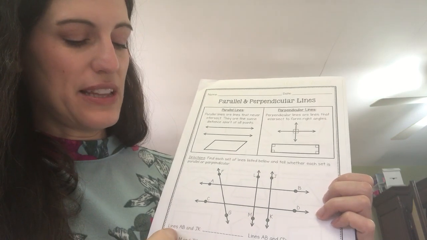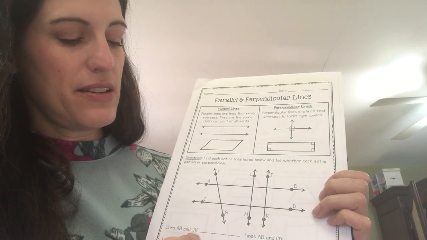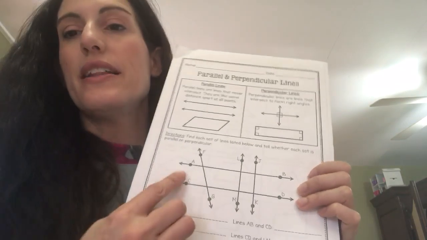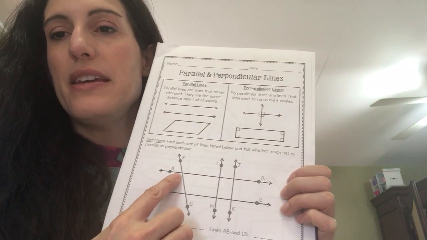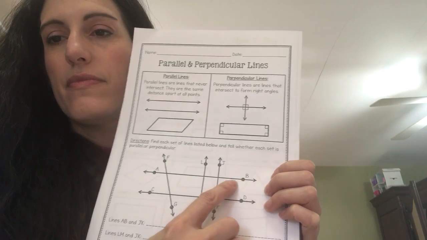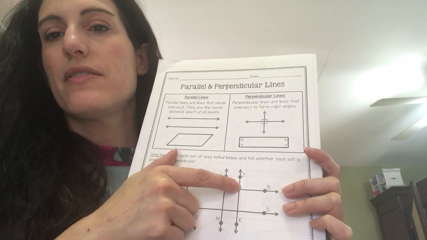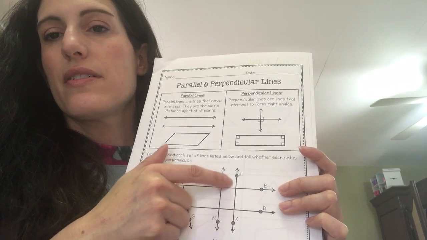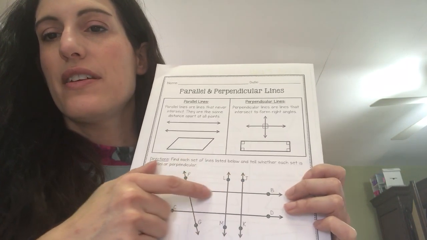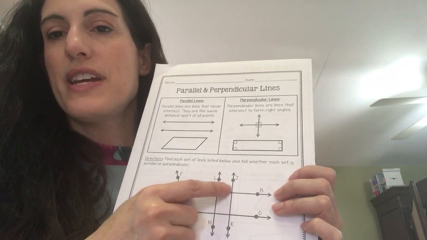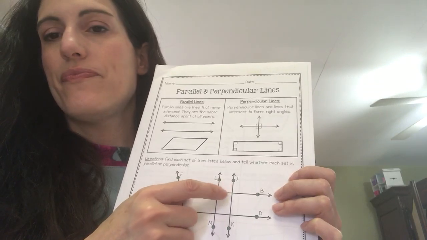So we have to look at lines A and B and J and K. Well, look at that. They cross and form a 90-degree angle right here, don't they?